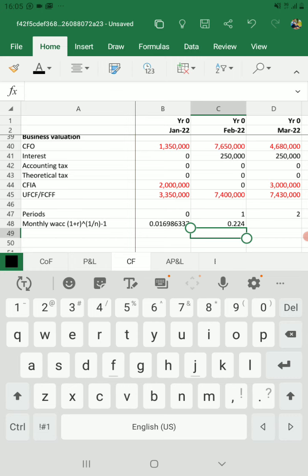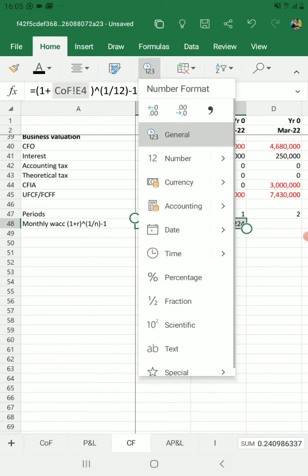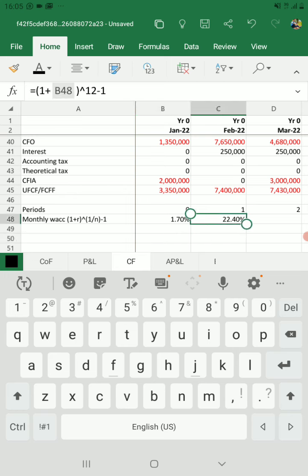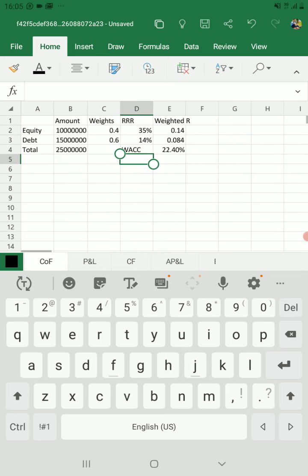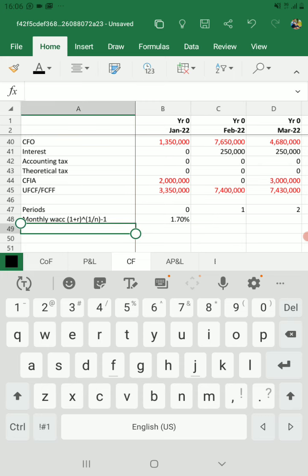Okay, so let me put this in percentage terms. So it becomes exactly our annual WACC rate, as we see them in cost of funds here, this one. Okay, so we can now clear this. We don't need this, we only need this monthly rate. That was just for illustration.